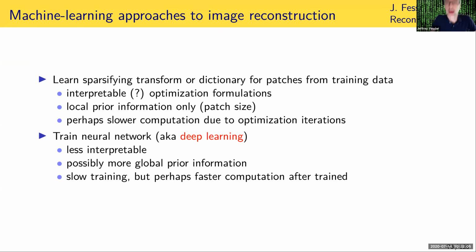And I want to say machine learning approaches first, more broadly. Even though I didn't say it very clearly, I have been discussing some machine learning approaches, in the sense that we are learning models, transforms, or dictionaries from patches and training data. Maybe that's shallow machine learning. I like those approaches because I think the optimization formulations give me some insight into what's going on.